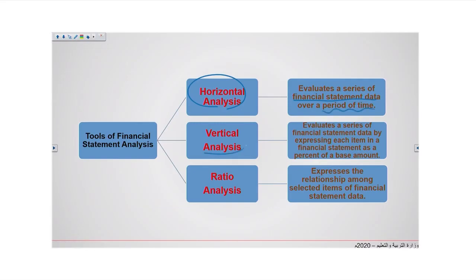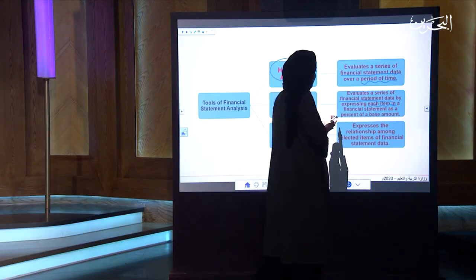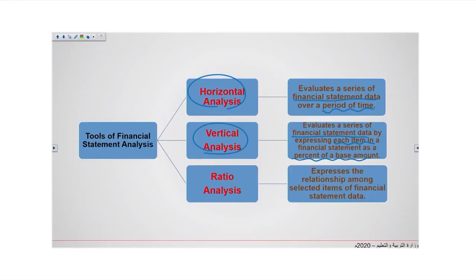In vertical analysis, we will evaluate a series of financial statement data by expressing each item in a financial statement as a percent of base amount. In the ratio analysis, that will not be covered in this lesson, we will express the relationship among selected items of financial statements.